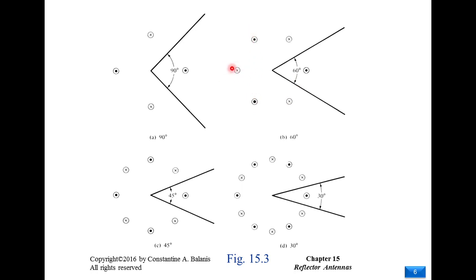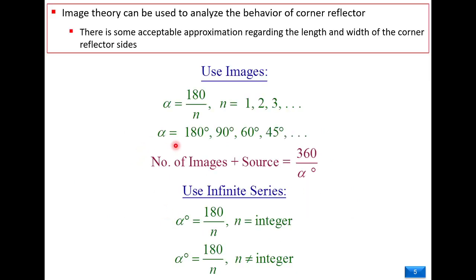Then we close the loop with this. If we have 45 degrees, you will find that you need 8. If you have 30 degrees, you will find that you need 12. So in general, if the angle of the reflector is 180 divided by an integer, the number of images plus source equals this.